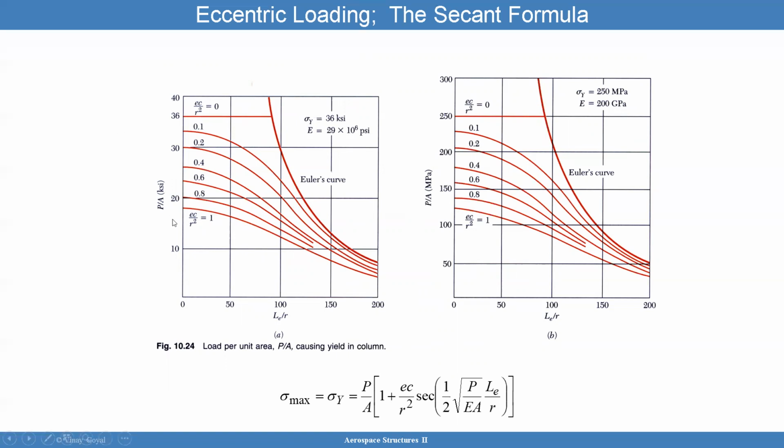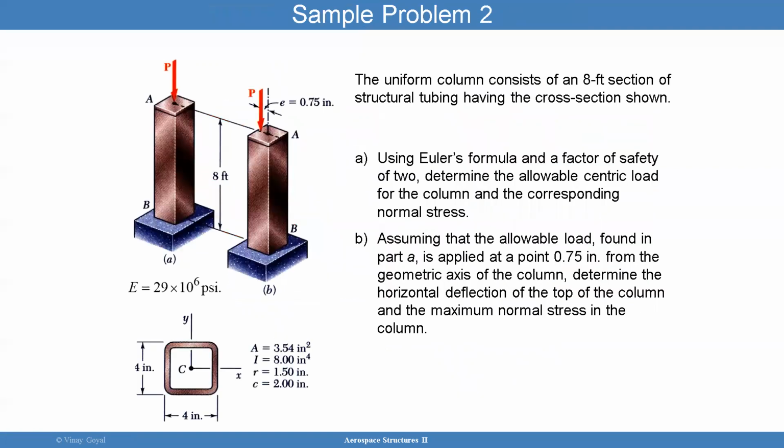So the y-axis here is the load divided by area. The x-axis is the equivalent length divided by the characteristic distance of the cross section. You can see how the load capability decreases as the length becomes higher. Makes sense, it's easier to buckle. While at lower loads, it may be harder to buckle, but it's maybe easier to yield or fail in yielding.